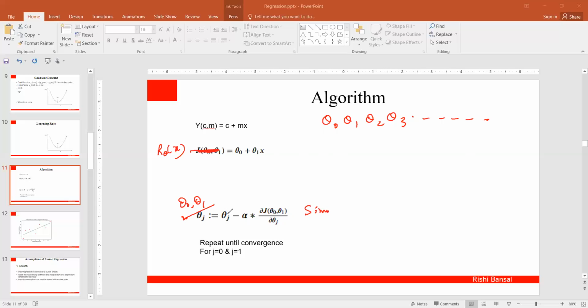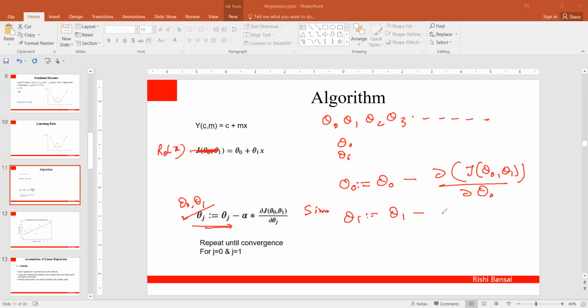Simultaneous update means when you started, you took some value for theta 0 and theta 1, and in one shot you write theta 0 equals theta 0 minus alpha times the partial derivative of J of theta 0, theta 1 with respect to theta 0. Now next, theta 1 equals theta 1 minus alpha times the partial derivative with respect to theta 1.